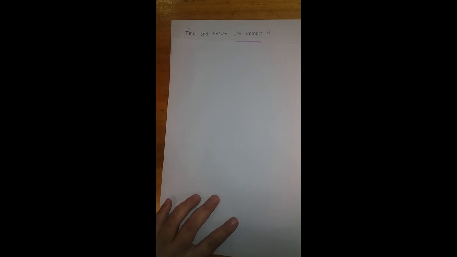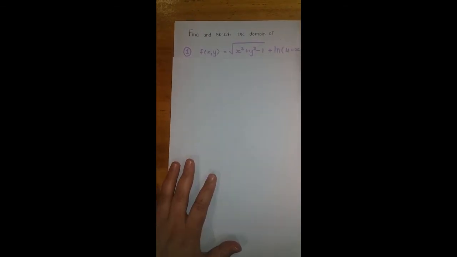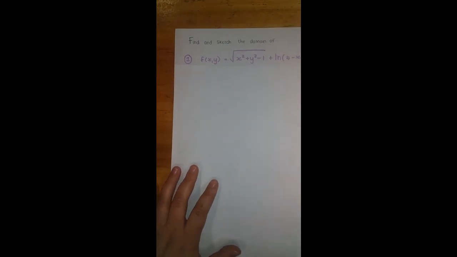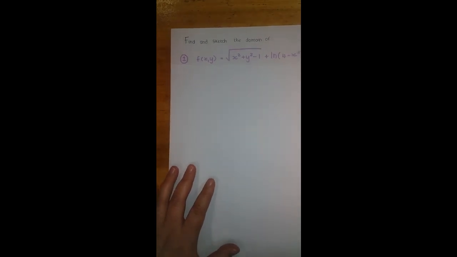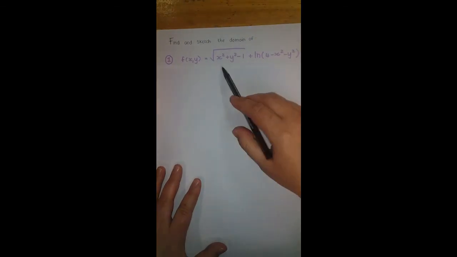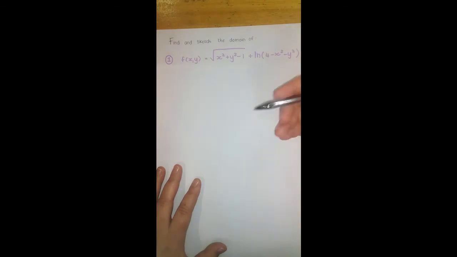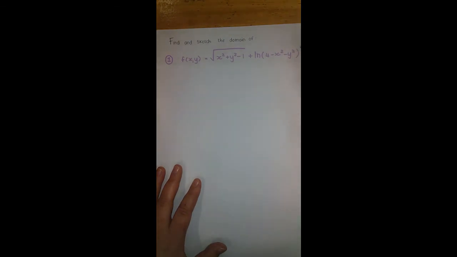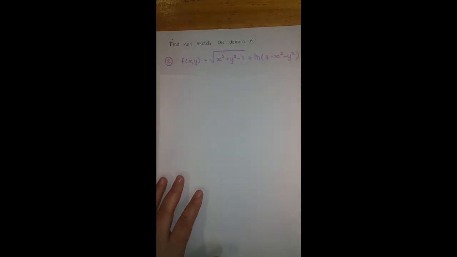And then this also occurs in some semester tests, where they ask you to find and sketch the domain of a function. So this is a bit of a more complicated function, but we know that to get the domain of a function, we need to see where x and y would not exist. So we look for square roots, we look for a ln, we look for denominators. So in this question, we have a square root and we have ln.